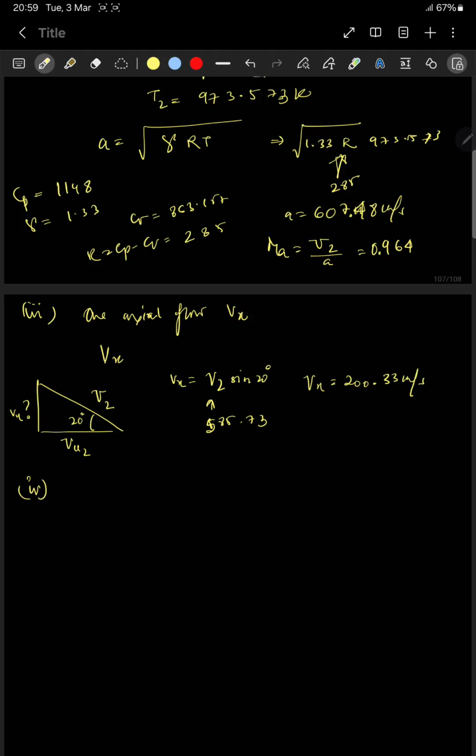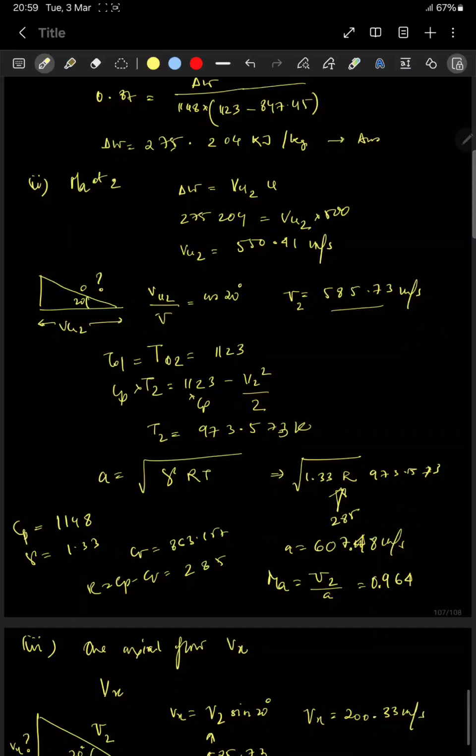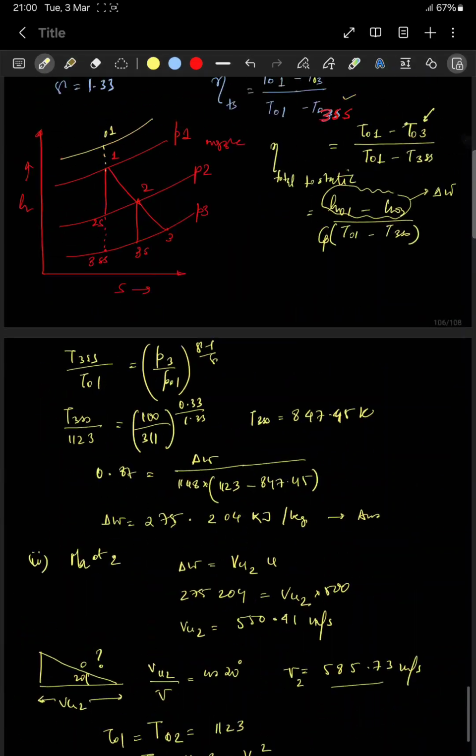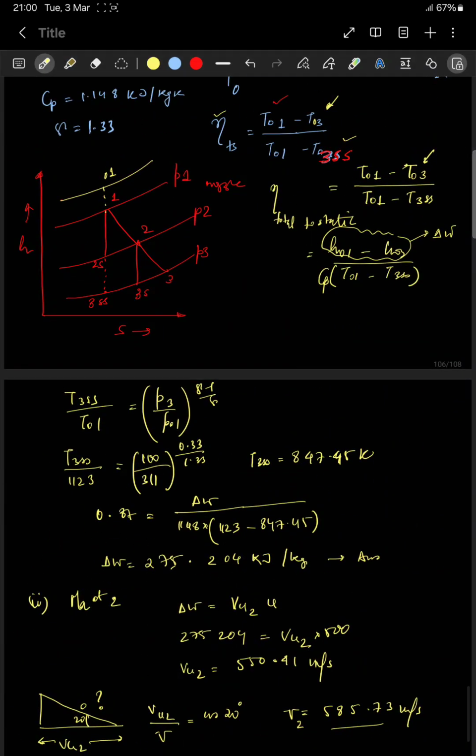Go to number 4. Total to total efficiency. Efficiency total to total is equal to, if we see this, we can have another P03. Okay, and this is 03.